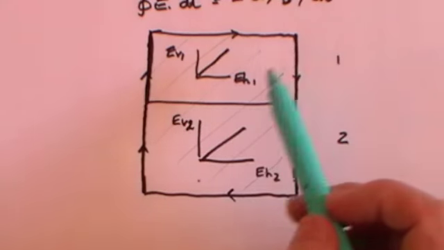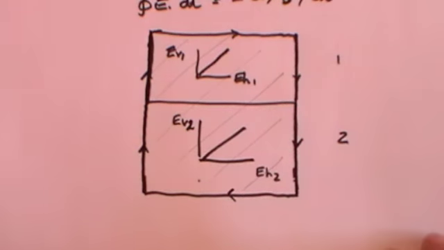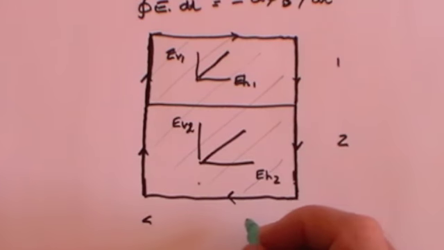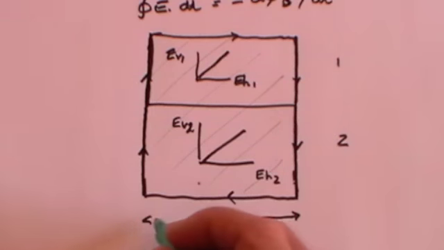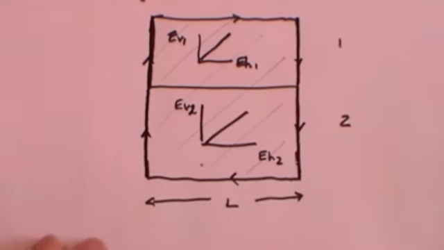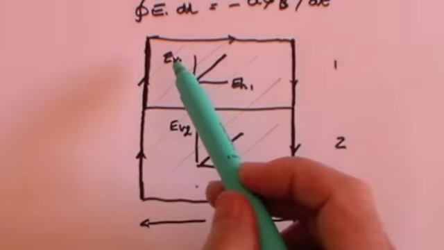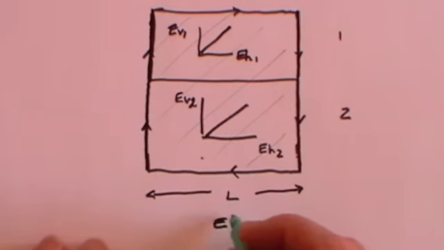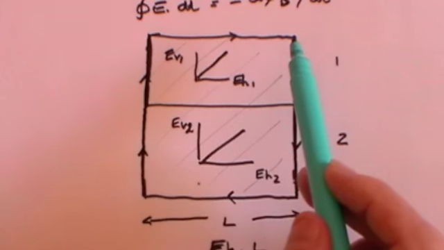Well, here to here we've got EH1 times, let's say that this distance is, we'll call this L again, I think. So now we can say that here we've got EH1 times L as we go in that direction.